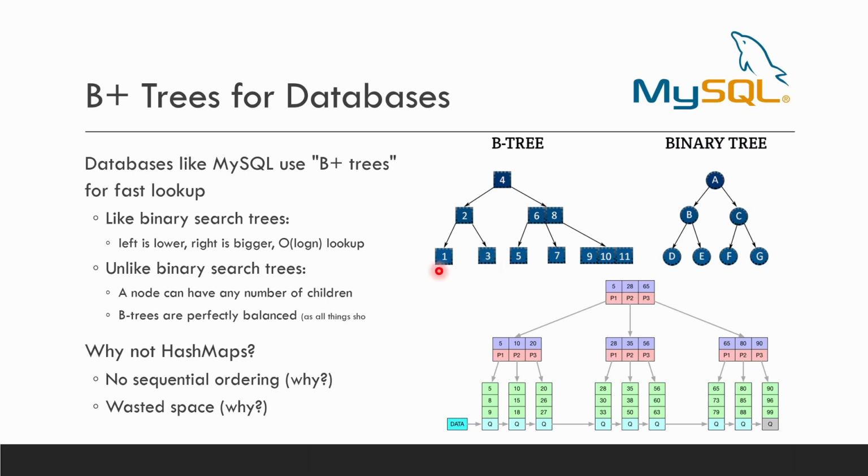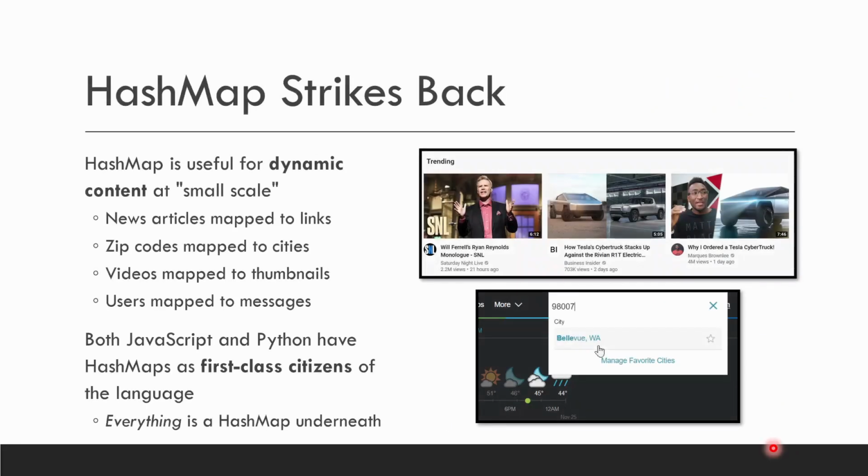By using these kinds of B tree structures that are based on binary search trees, we can get pretty consistent behavior and not have it require supplemental structures to keep track of ordering for us.